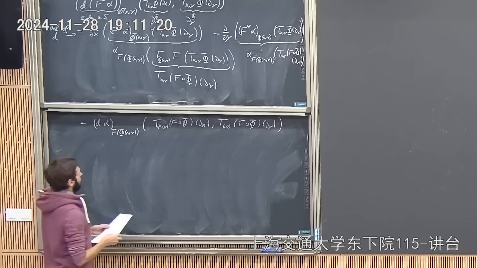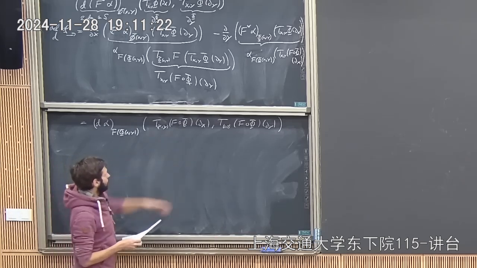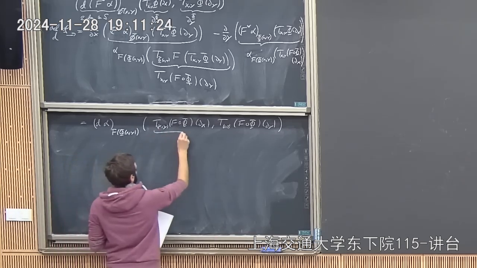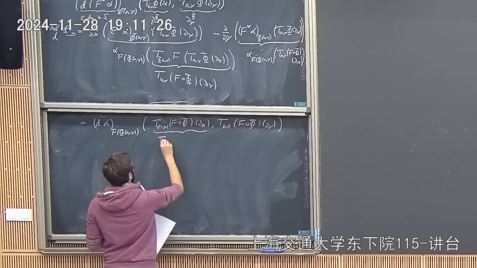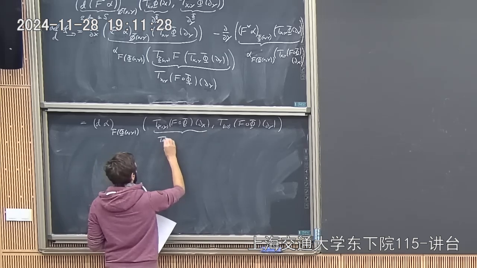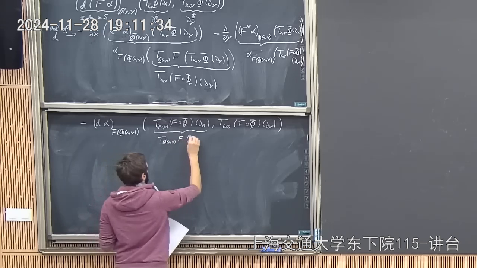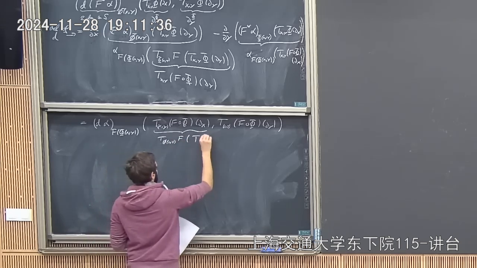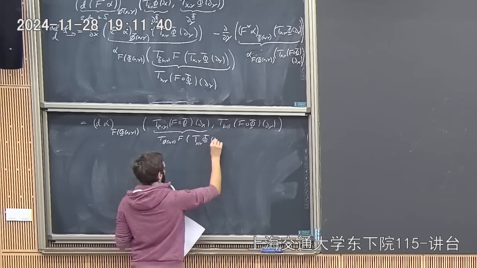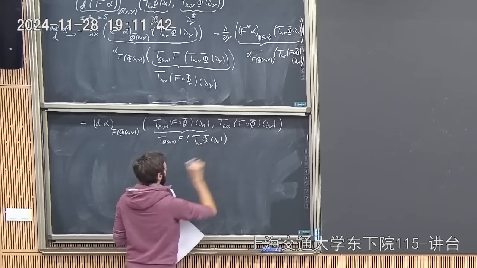And now we can essentially reverse that operation that we had, namely we can write this one again as tx of phi of x of y of f evaluated at t of phi at the point x and y in the x direction. And similar here.